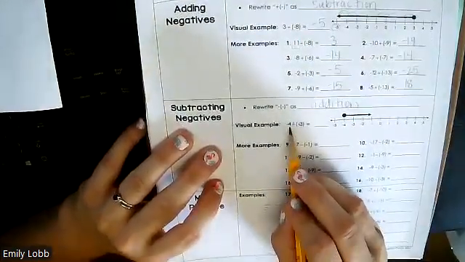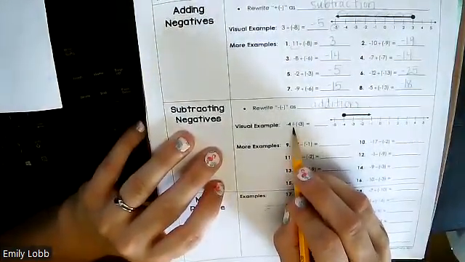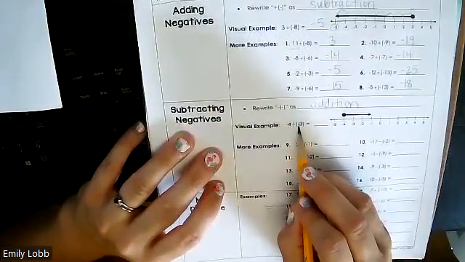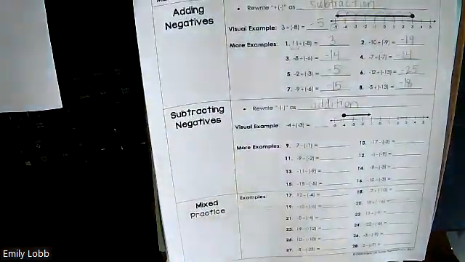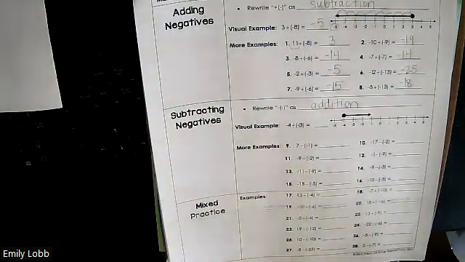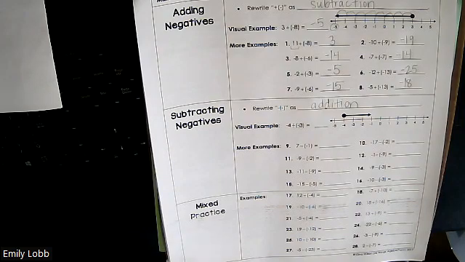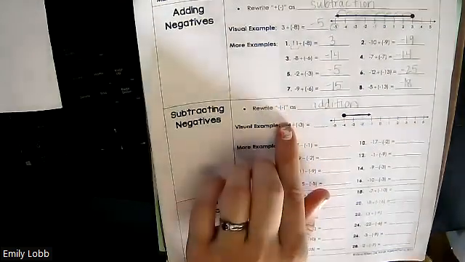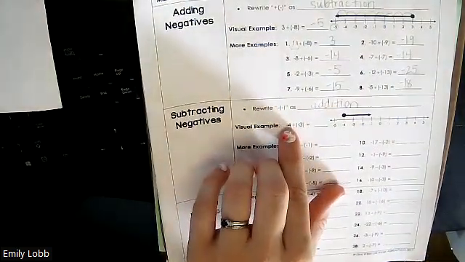We're going to keep the sign of the first, switch subtraction to addition, and switch the sign of the second number. You can call it keep switch or kiss, I guess, if you want to call it that. I'm going to kiss it.